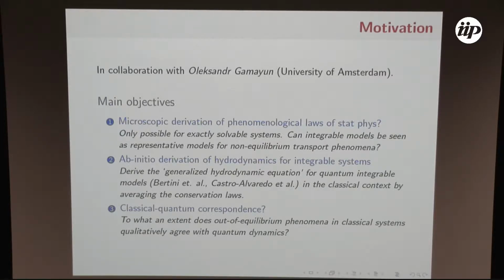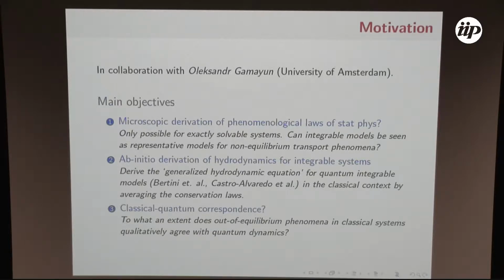pretty general, and is one of the grand goals of statistical physics, which is to explain and derive the phenomenological laws of physics, like transport, directly from the microscopic interactions. This is a pretty challenging task, and probably it's only possible for exactly solvable models.